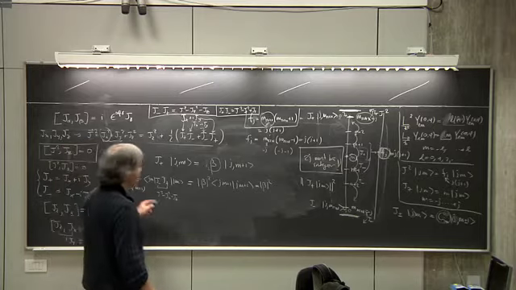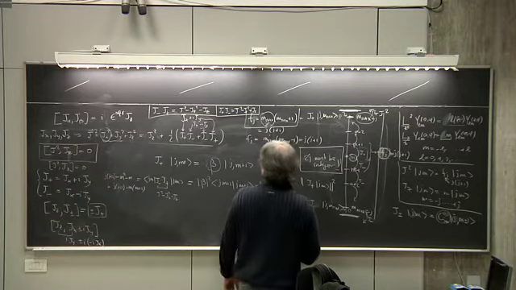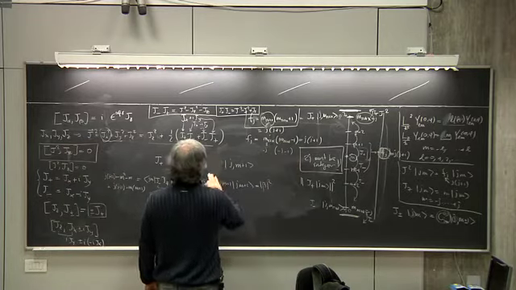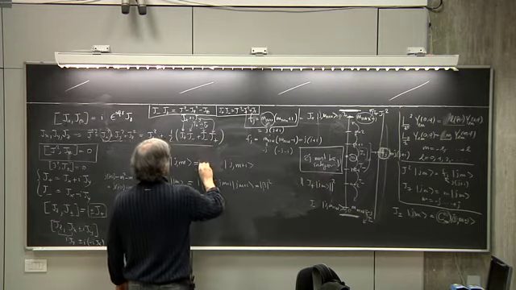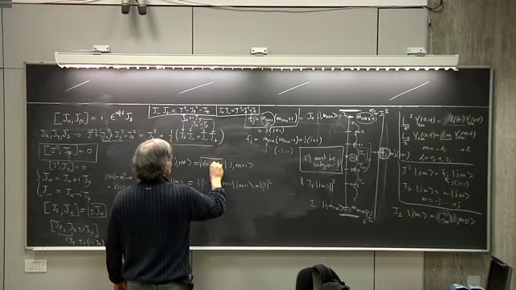Okay? So what I have to put, for instance, here, in order to normalize things correctly, is a square root of j plus 1 minus m times m plus 1.